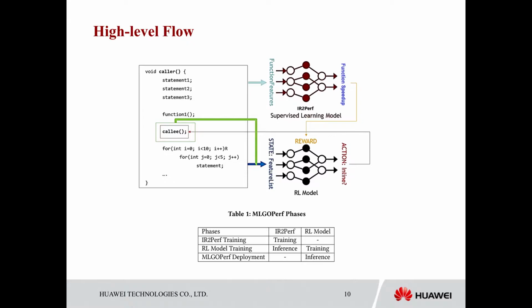If we zoom into the MLGOPerf high-level flow, we notice these are the two models that we used. The first, which we called IR2Perf, is a supervised learning model. We wanted to characterize function features, and as the output of this model, we wanted the function speedup post inlining when inlining happens.